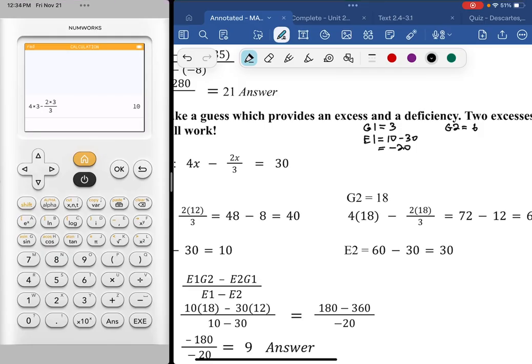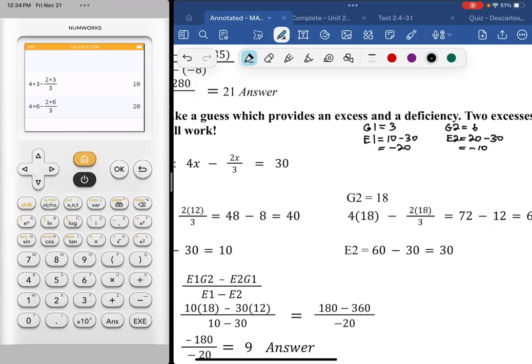So I would plug in my 3 for x. Now, x is in 2 places here, so I'd make sure to be careful about that. Then I would do my second guess, which was 6. And I get 20. So my E2 would be 20 minus the 30, whatever the right-hand side is, which is negative 10.